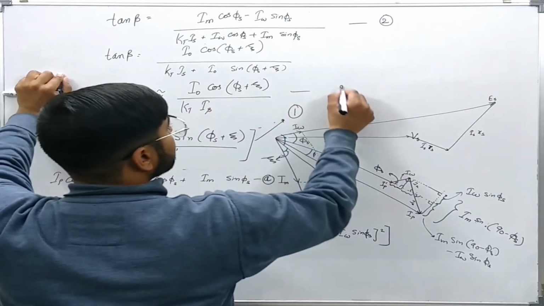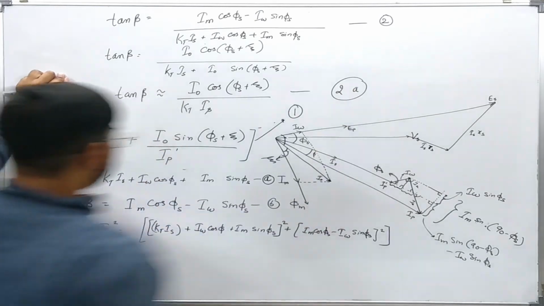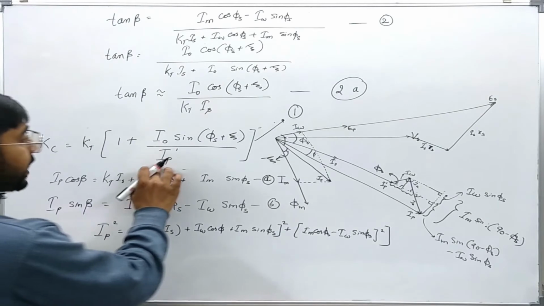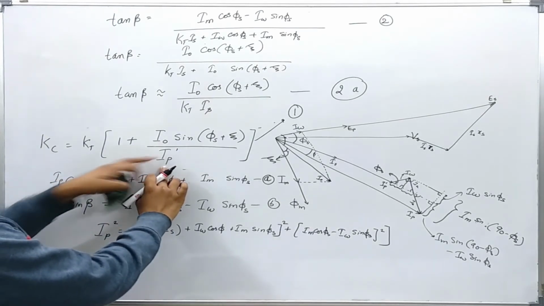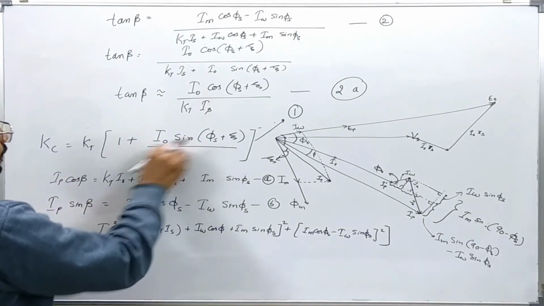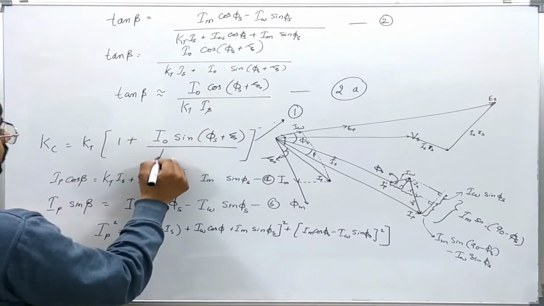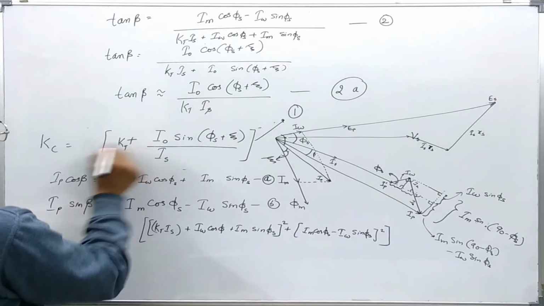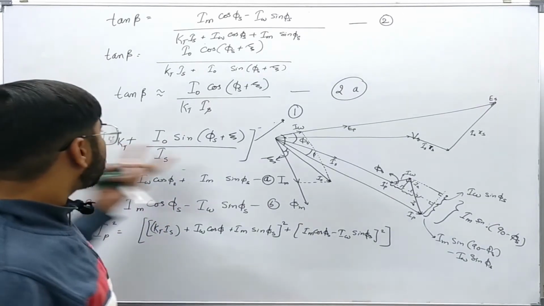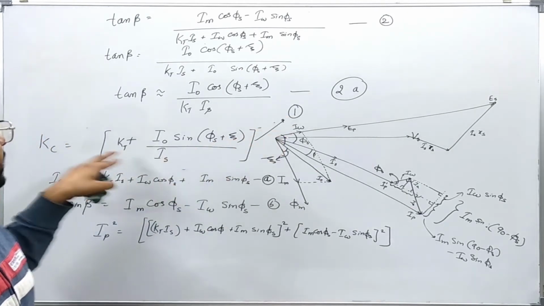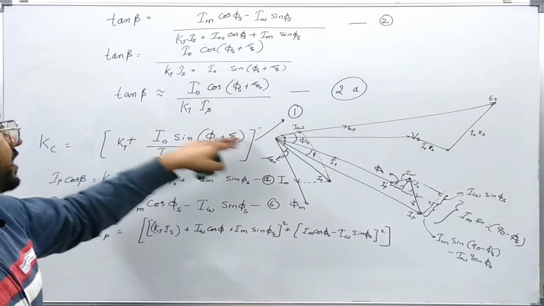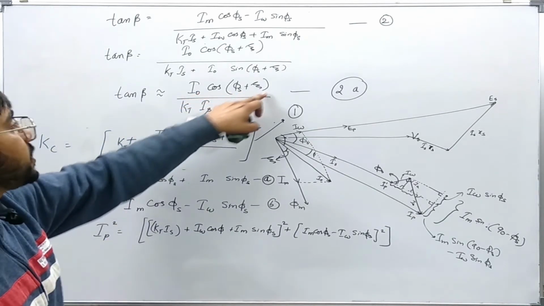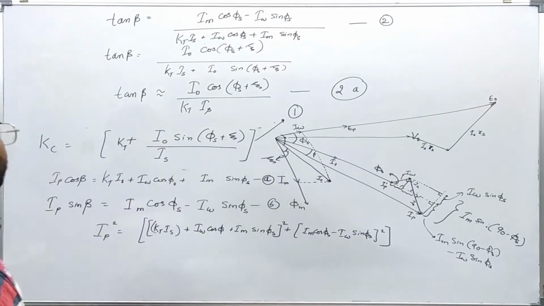So this is, let us say, equation number 2a. Now instead of writing this in this form, I can write it as K_t I_s and take K_t common inside, so it will just remain I_s, since K_t will be cancelled out. So I can write equation number 1 in this form also: K_c equals K_t plus I_0 by I_s sin(phi_s plus zeta), and tangent beta is approximately equal to I_0 cos(phi_s plus zeta) over K_t I_s.